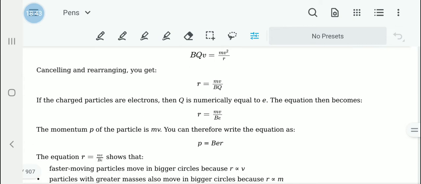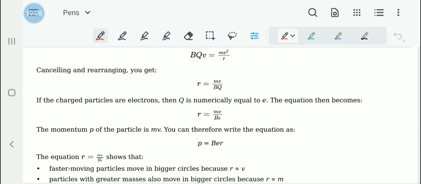Also, if the charged particles are electrons, Q is simply equal to E. Therefore, R equals mv upon BE, capital B, simple e.